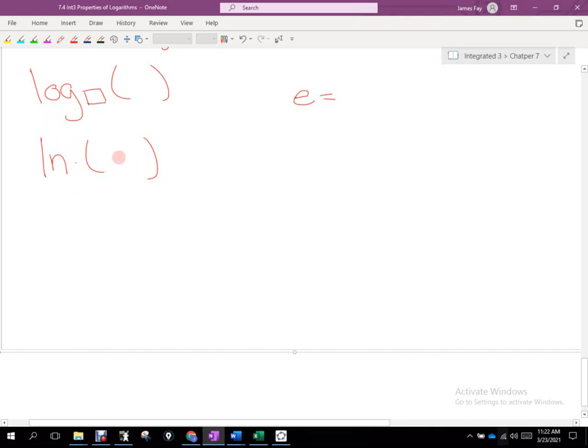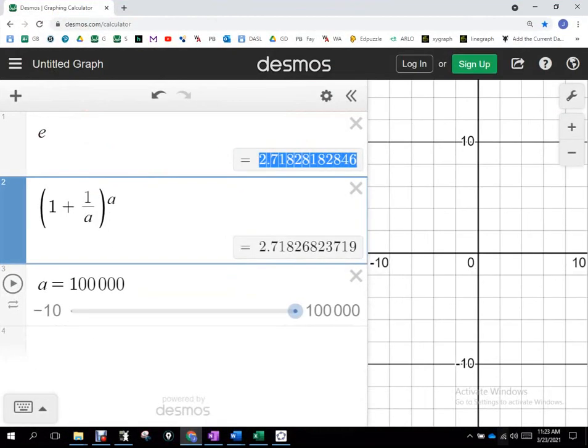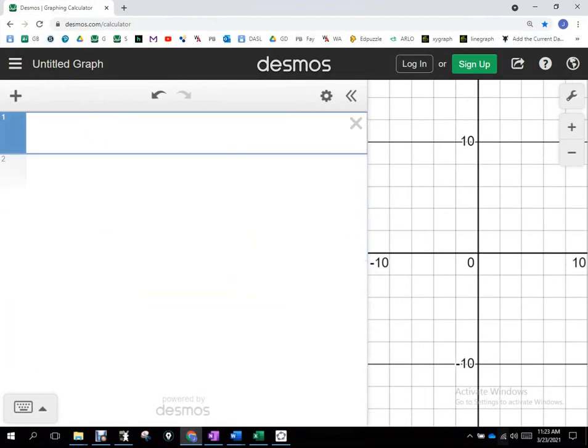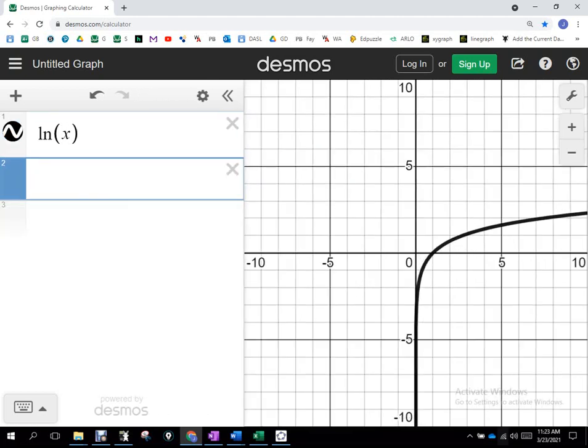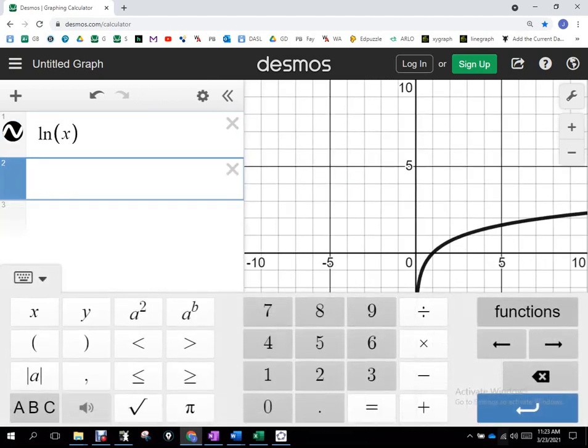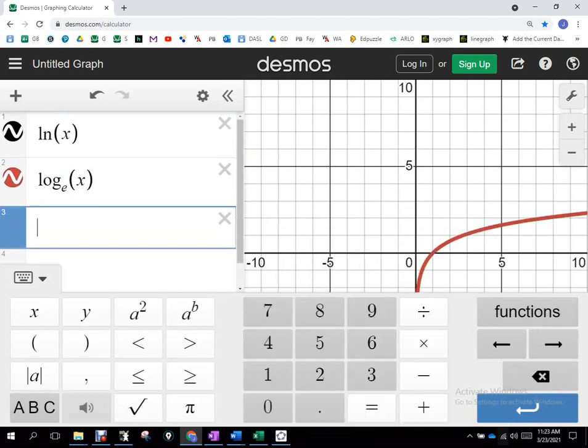If I say ln of x, that is identical to log, instead of a base of 10 or a base of 3 or a base of 7, it's the base e of x. So I just want to show you in Desmos that graph. If I go ln of x, it graphs that black curve right there, which is identical to saying log base e of x.